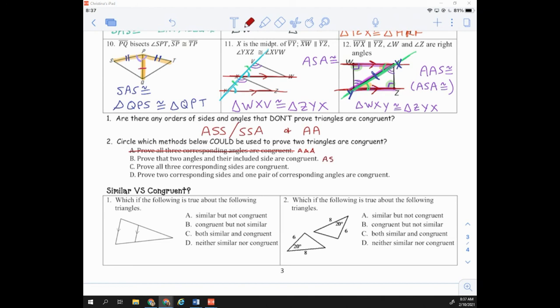Included side, so the S is in the middle. That is allowed, so that one's correct. Prove that all three corresponding sides are congruent, so that's side, side, side. That absolutely works.